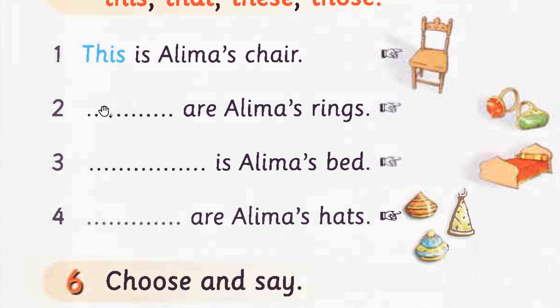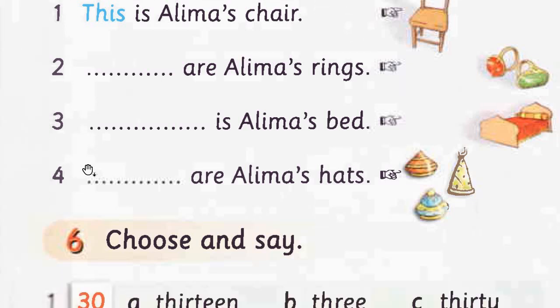How do you spell those? T-H-O-S-E, to point to the objects that are far. Those are lemur's rings. Now go to number 3, and your time is starting right now. 5 seconds. 5, 4, 3, 2, 1.